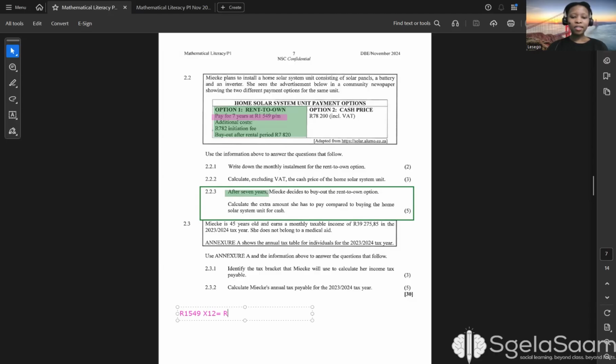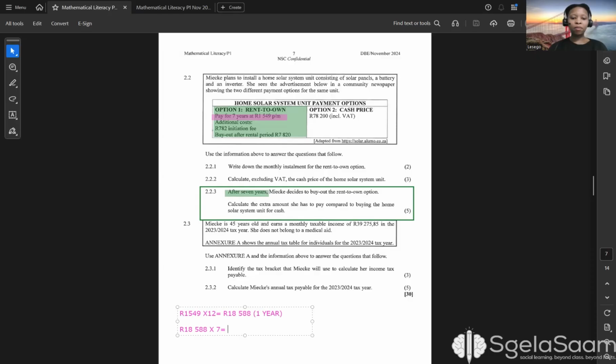That is 18,588. So this is how much she's paid in a year. We take that amount, 18,588, and find how much that was in 7 years.